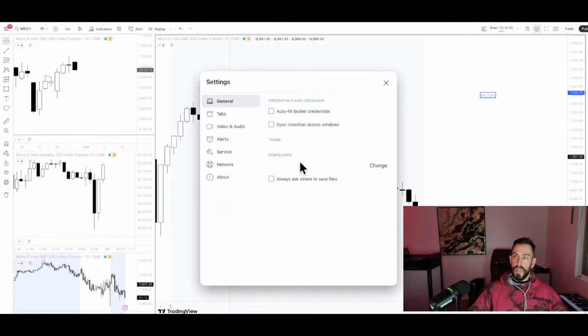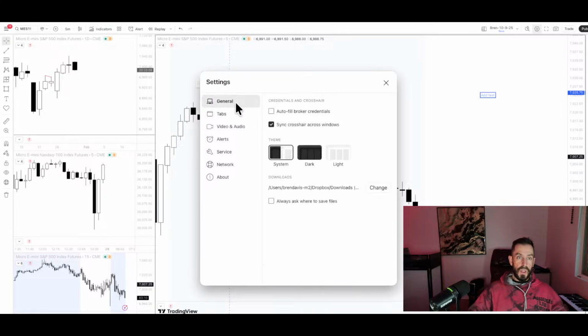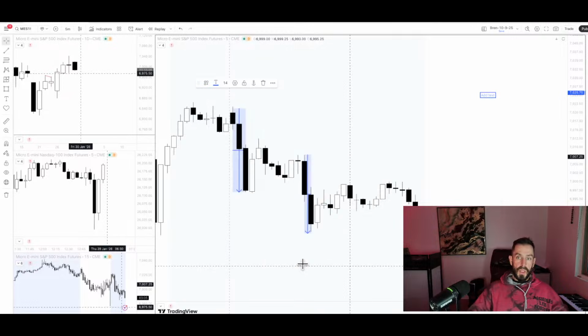Let's see here. Okay. Hold my shortcuts bar. Hide options.